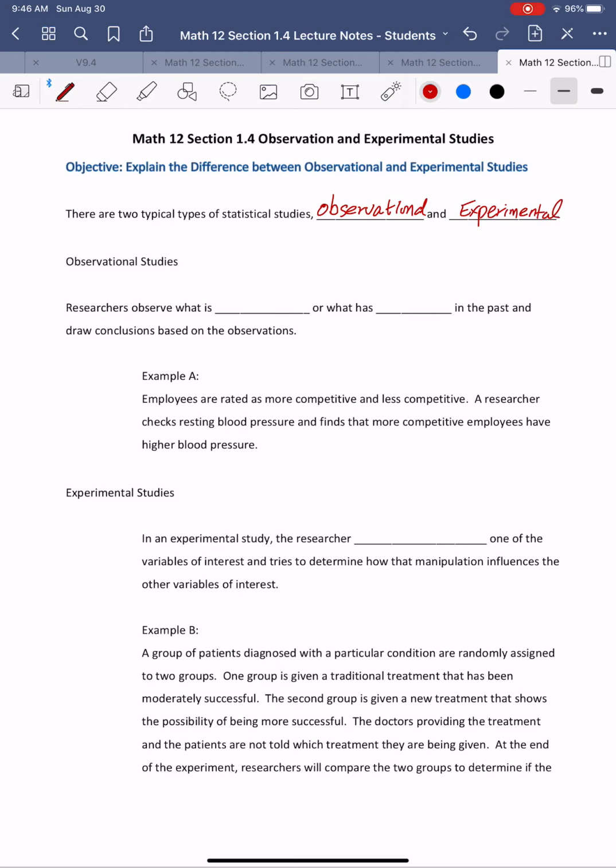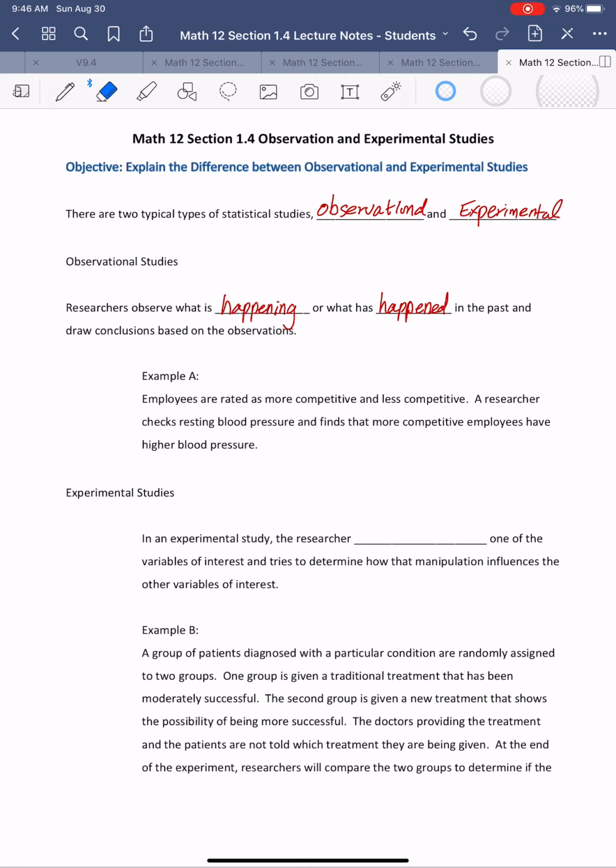So let's study the observational study first, okay? In an observational study, the researcher observes. You need to watch what is happening, and what has happened in the past, and draw a conclusion based on the observations.